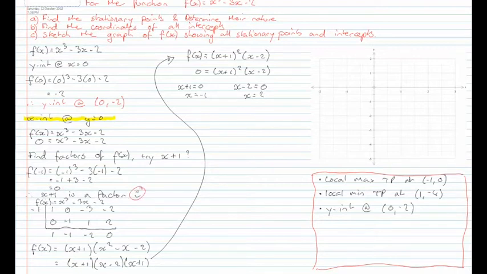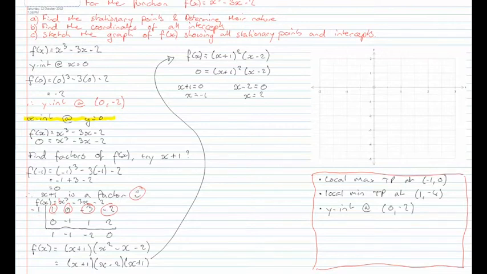Alright, then I've got f of x is equal to x cubed minus 3x minus 2, just written out the function once again. I've now gone through and written out the coefficients. So the coefficients of f of x are 1, 0 for x squared, negative 3 for x, and negative 2 at the end. And of course, because I know x plus 1 is a factor, I've got negative 1 out the front.